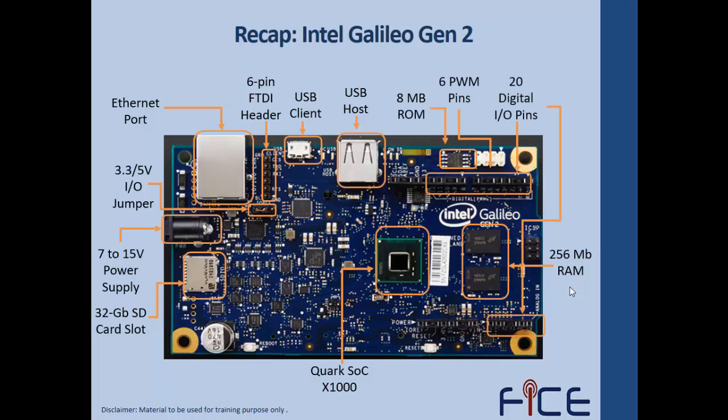Also, we have 14 digital pins and 6 analog pins. We also have a reboot button which is used to reset the whole board. And at last, we have a reset button which is used to reset the program on this board.